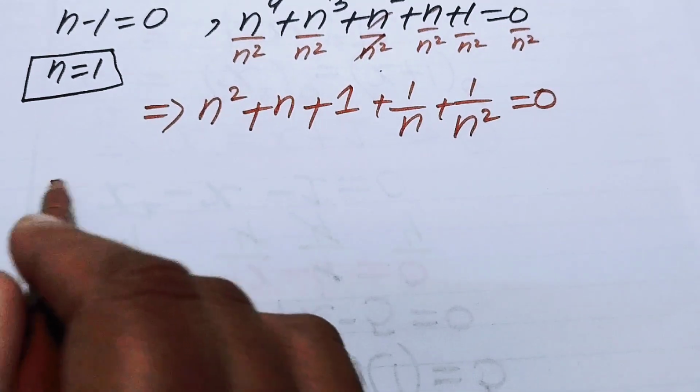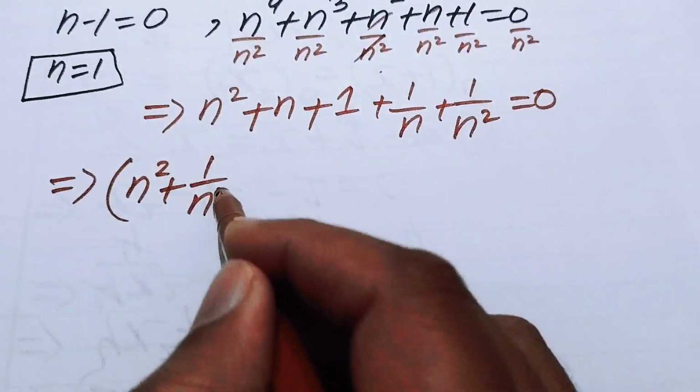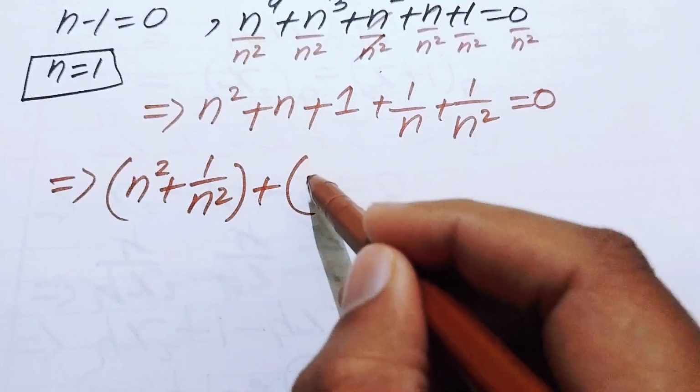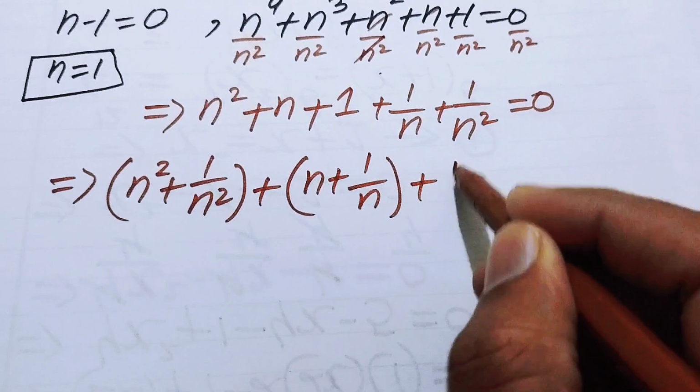And now we will rearrange these terms, and we write it as n squared plus 1 over n squared, plus we write the terms of first power, which is n plus 1 over n, and plus 1 equals 0.